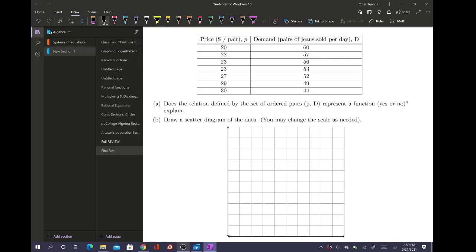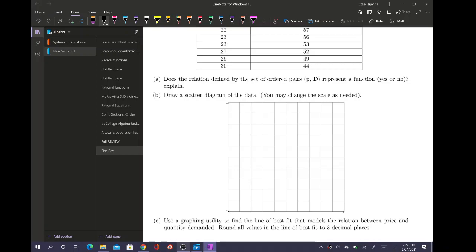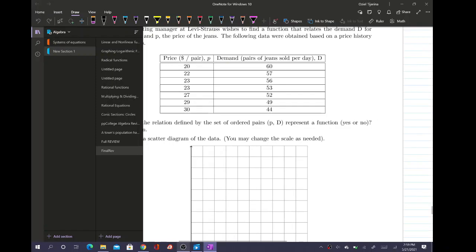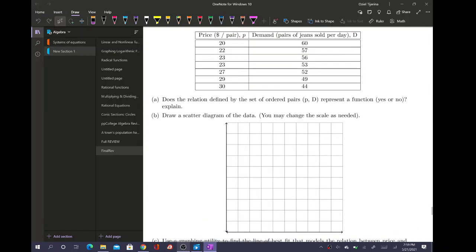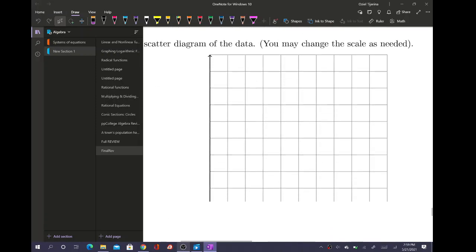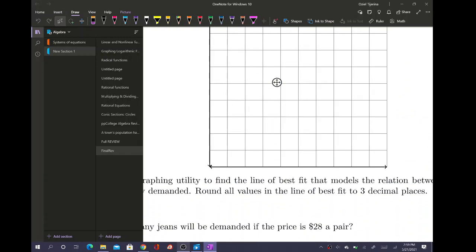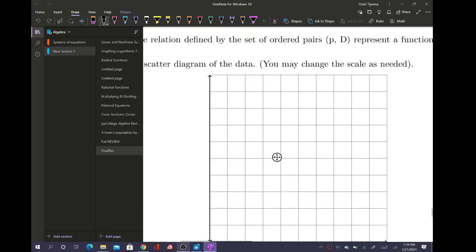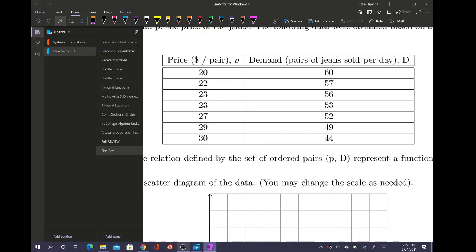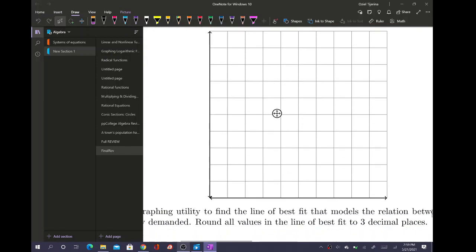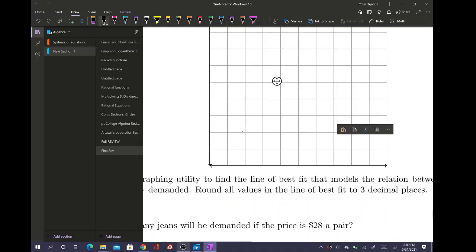We have 1, 2, 3, 4, 5, 6, 7, 8, 9, 10 values, and it goes up to 30, so I can do it by factors of 3: 3, 6, 9, 12, 15, 18, 21, 24, 27, and 30, right?